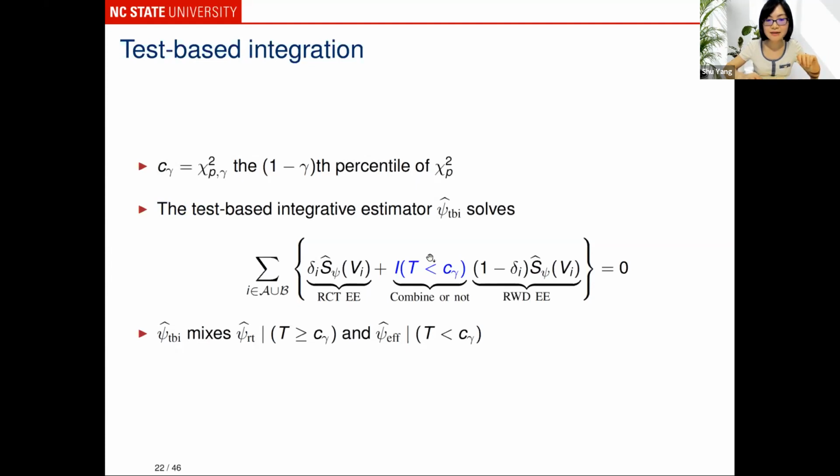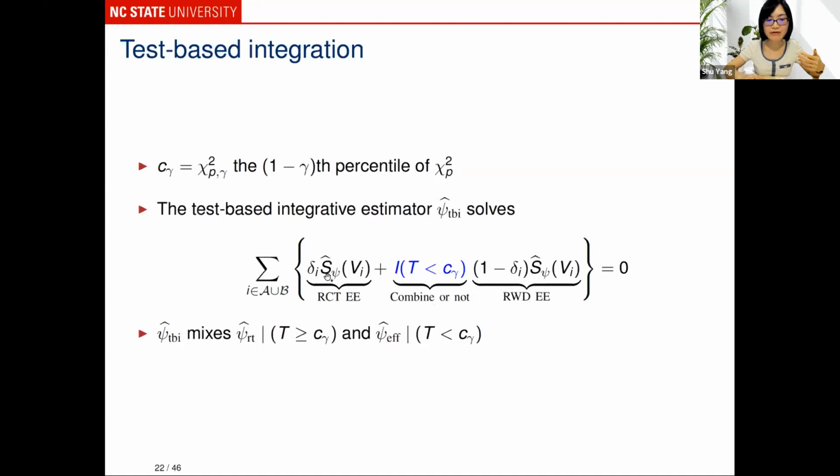If the test statistic T is less than C gamma, that means there is no strong evidence of bias in the RWD, so we want to combine RCT and RWD for optimal estimation. In this case, the estimator becomes the efficient estimator. On the other hand, if T is greater than or equal to C gamma, then there is strong evidence of bias in the RWD, so we retain only the RCT for analysis.